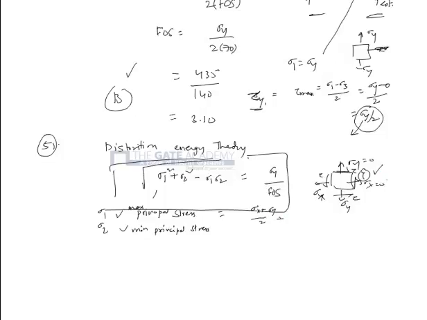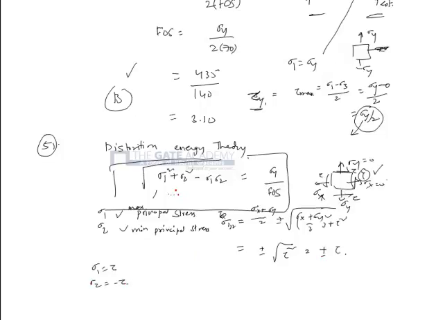So the general formula from the Mohr circle for sigma 1, 2 is this. Since sigma x and sigma y are individually 0, I am left with plus or minus tau. So sigma 1 is tau, sigma 2 is minus tau.